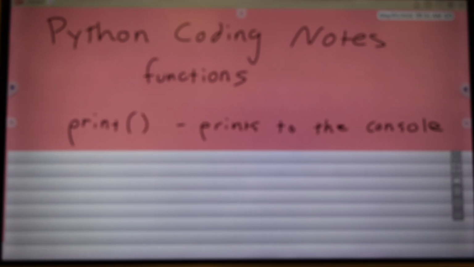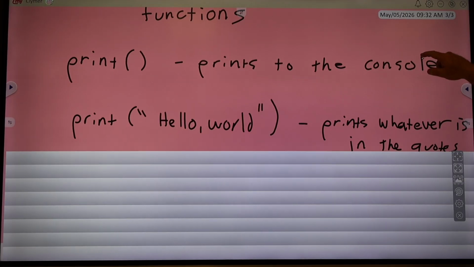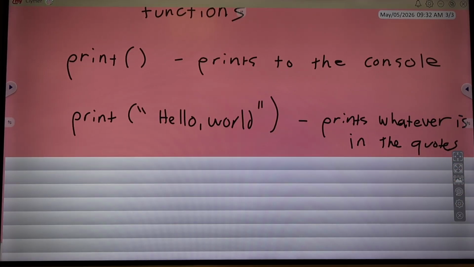How do we use it? Now let's get into the syntax of it. What do we do? Quotation marks. Well, let's talk about that, but what is hello world going to do? It's going to print hello world.